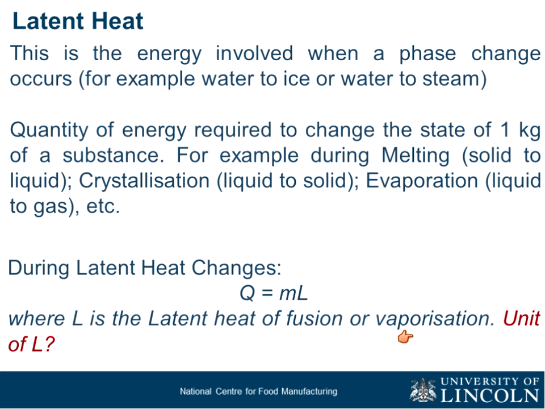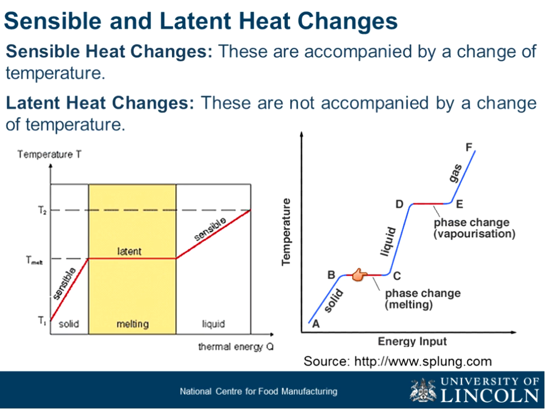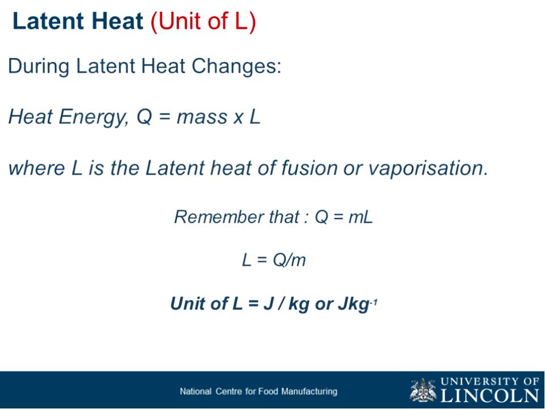Under latent heat, your Q equals mL. But when it is sensible heat, your Q equals mc, change in temperature: mass multiplied by specific heat capacity multiplied by change in temperature.